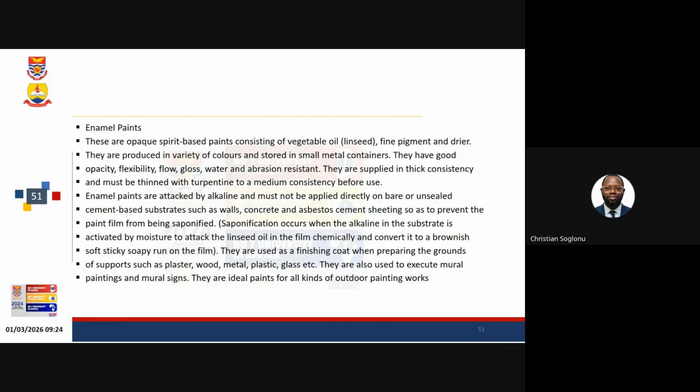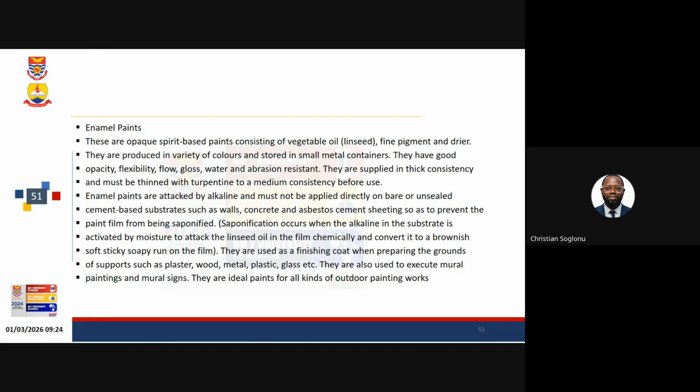They are produced in varieties of colors and stored in small metal containers. They have good opacity, flexibility, flow, gloss, and are water and abrasion resistant. They are supplied in thick consistency and must be thinned with turpentine to a medium consistency before use.